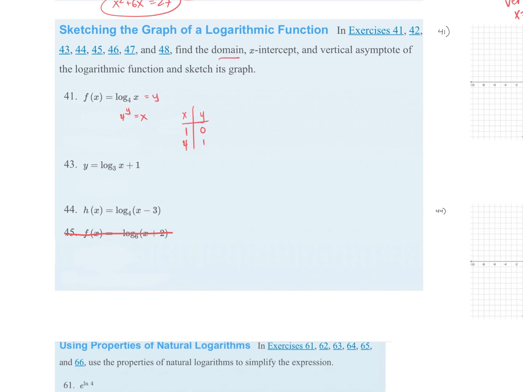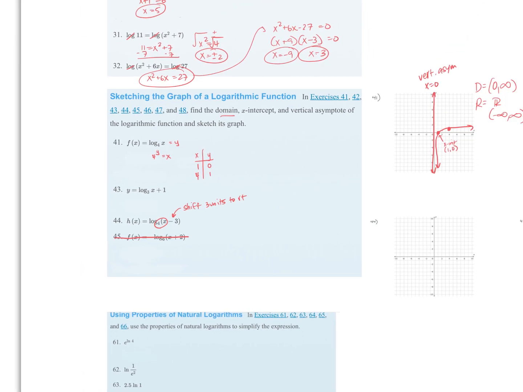So when I look at this problem and I see this -3, I know this is going to have a shift 3 units to the right. Okay, so it's going to be the basic 4 to the y power that we talked about. So I'm going to keep that original red one there, and I'm going to graph number 44 on that. Basically, I'm going to go 3 units to the right for this graph.